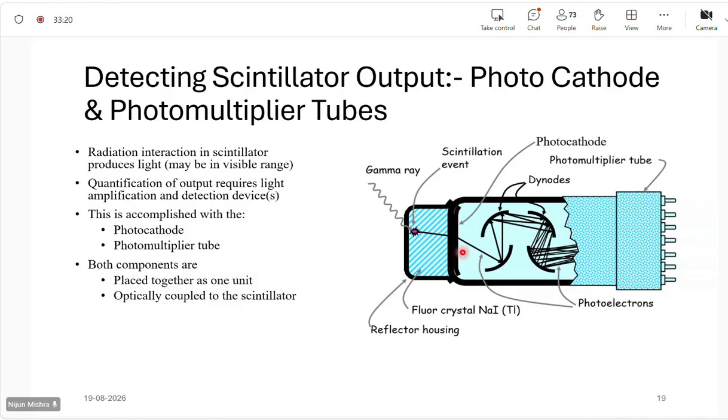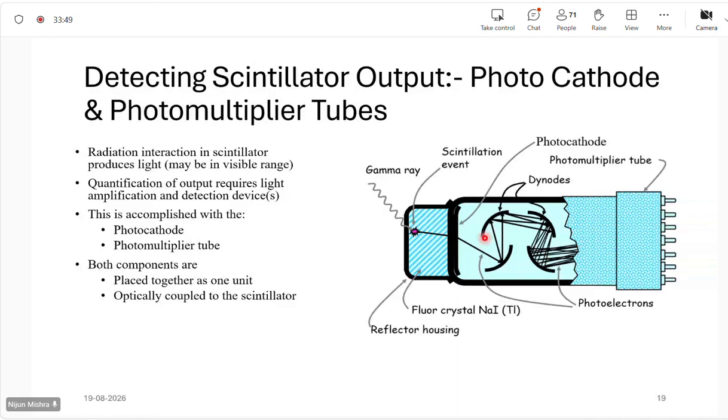When it falls on the photocathode, it generates electrons, just like the photoelectric effect. These electrons come to these dynodes. This is the structure of a PMT. When an electron falls on this, it multiplies the electrons, generating more electrons in each stage, subsequently creating a pool of electrons from a single scintillation light.